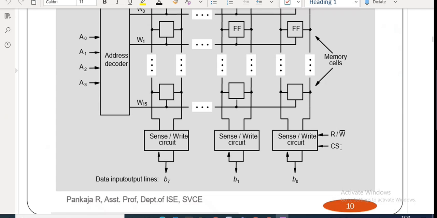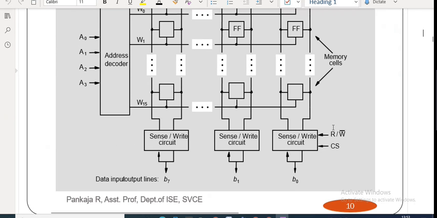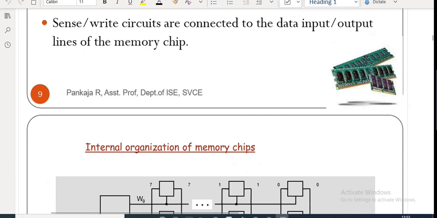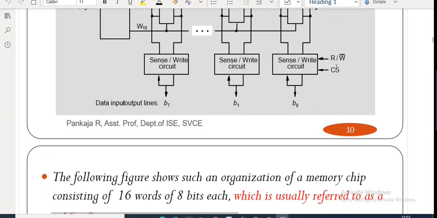Why chip select here? What is the meaning of chip? I told you in the RAM slot, you can see there are more than one chips. So among these chips, in which chip are you going to perform the read write operation? Accordingly it is going to select the chip number, and then only it will be able to read or write the data.